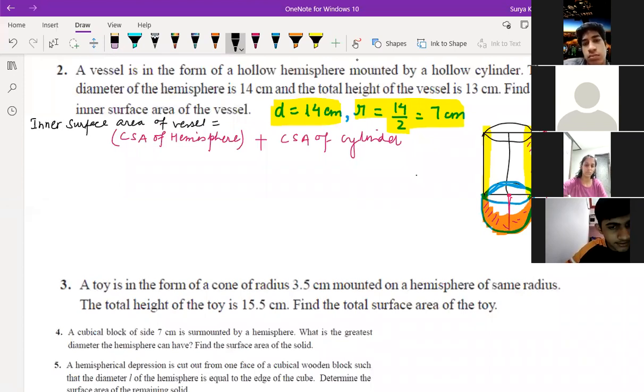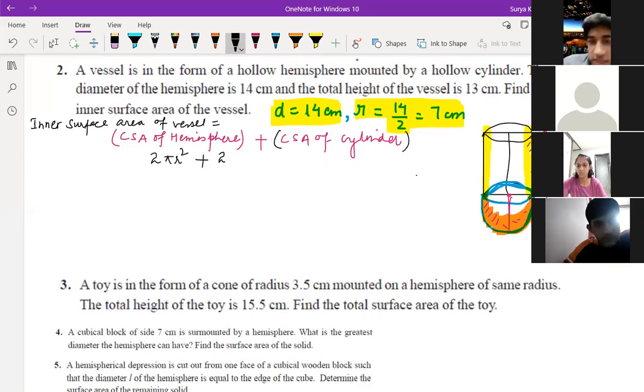Samarth, what is CSA of hemisphere? Curved surface, 2 pi r square, plus, Javian, CSA of cylinder.